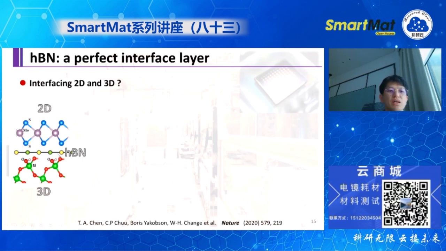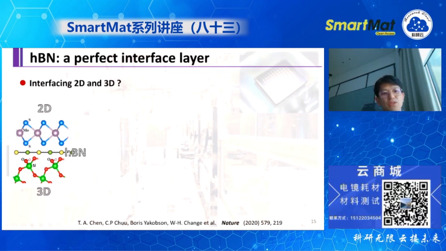So there's a better way to avoid, or reduce, the charge scattering rate. That is, you can put a 2D material, a 2D insulator, in between. Then the hexagonal boron nitride can isolate the 2D channel from the surface charge of the 3D materials.